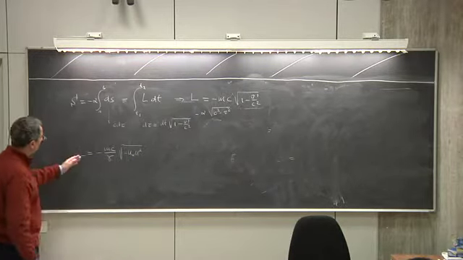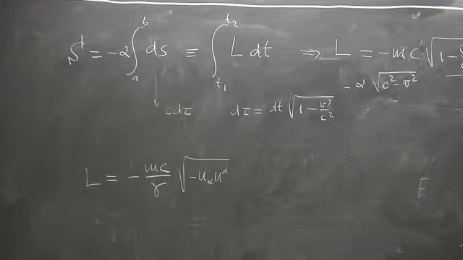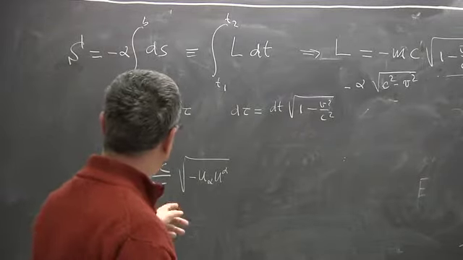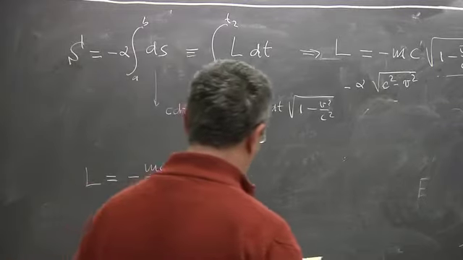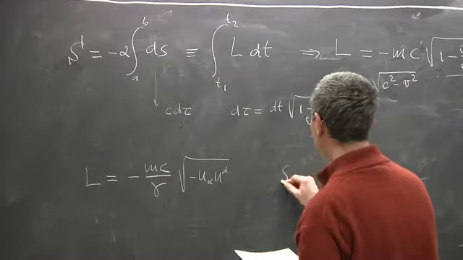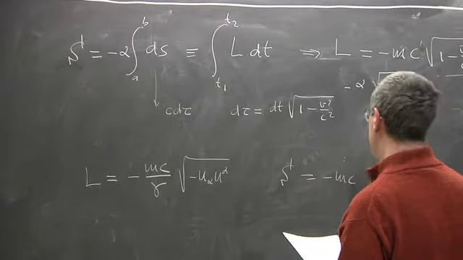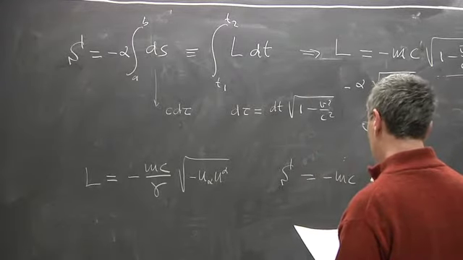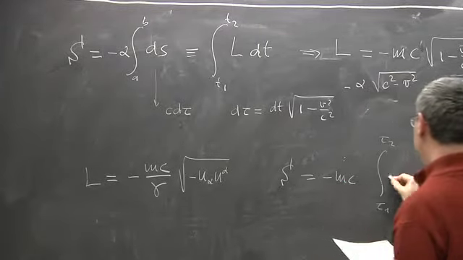It's correct that the Lagrangian is not unique, as you know. You can write other forms of the Lagrangian, for instance without the square root, and you still derive the same Maxwell equation. But this allows you to write the action, minus mc, and then write everything using the proper time.